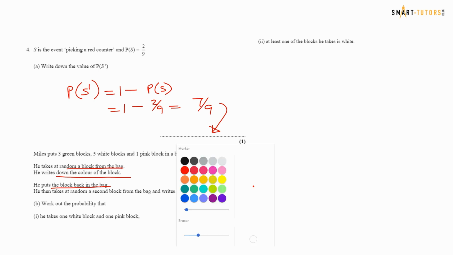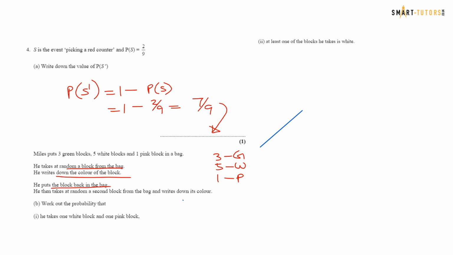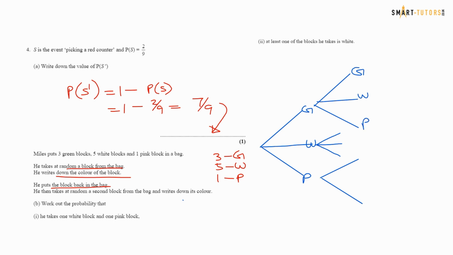If I were you, I would quickly note this down on a tree diagram. It's a simplified version because it's two colors, two times. Oh sorry, this is going to be three sections: green, white and pink, for each draw.